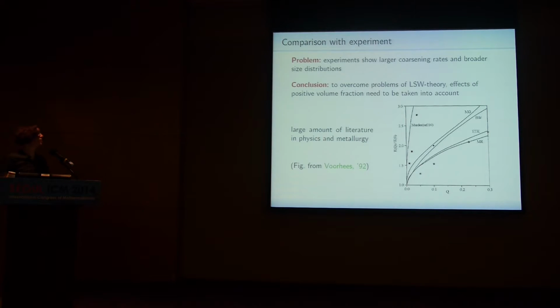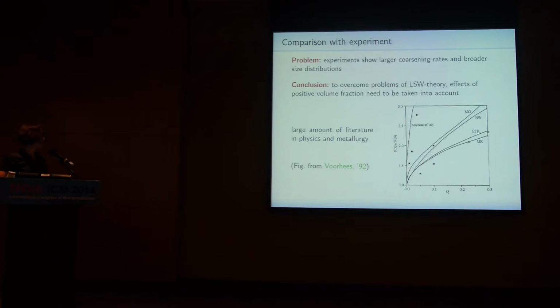So the conclusion is that we have, in some sense, two problems of the LSW theory: no universal long-time behavior, and too small coarsening rates, and so on. So this is the limit as the volume fraction really goes to zero. One needs to go one step further and take finite volume effects into account. So we still talk about small volume fraction, but not the limit epsilon to zero.